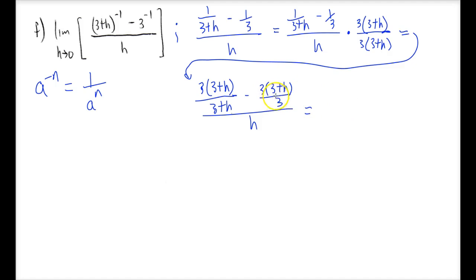And so here we see that we have the 3 plus h's that are common, so we reduce that to 1, and we just have 3. Minus, and then here we have 3's that are common, so we reduce that to 1, and what we have left is 3 plus h in parentheses. And it's important that you put it in parentheses here. And all that divided by h.